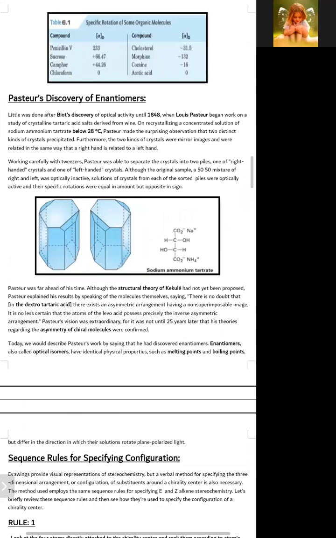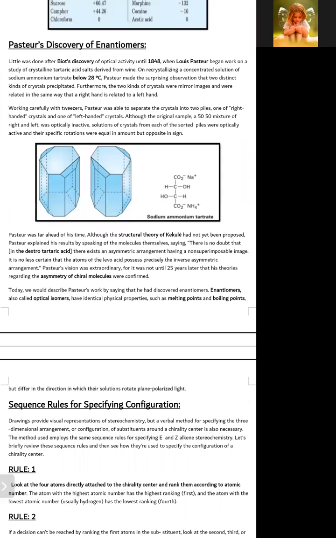Then we talk about Pasteur's discovery of enantiomers. Although the structural theory of Kekulé had not yet been proposed, Pasteur explained his results by speaking of molecules themselves, saying, "There is no doubt that there exists an asymmetric arrangement having a non-superimposable image.